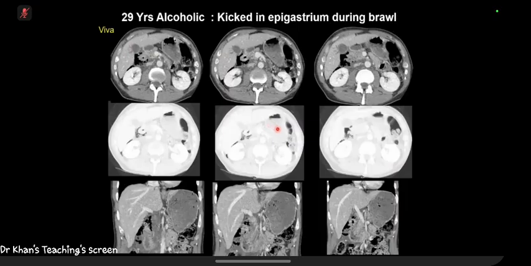So on the selected axial images that we have and coronal sequences, we can see that there are multiple small locules of gas around the duodenum. In the context of this trauma, I'd be suspicious for a laceration of the duodenum.